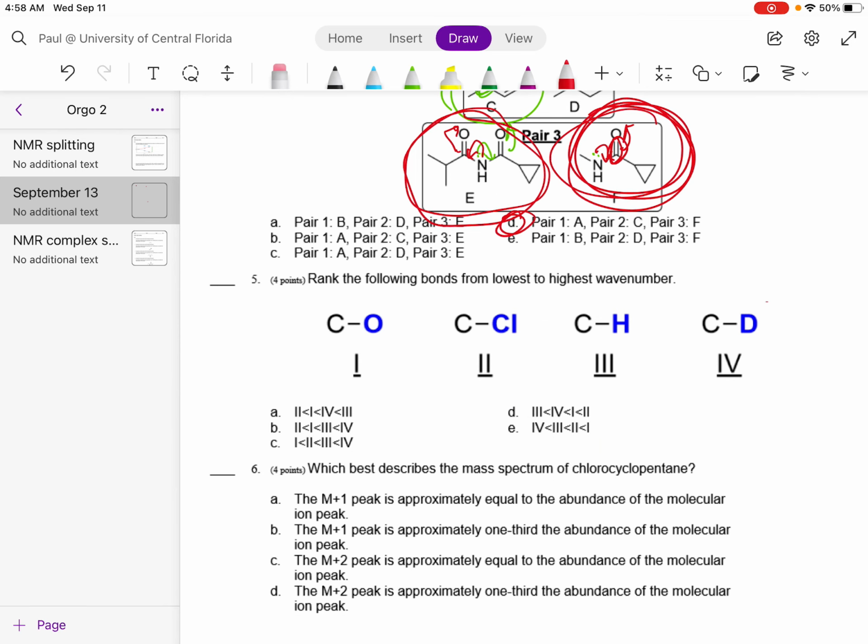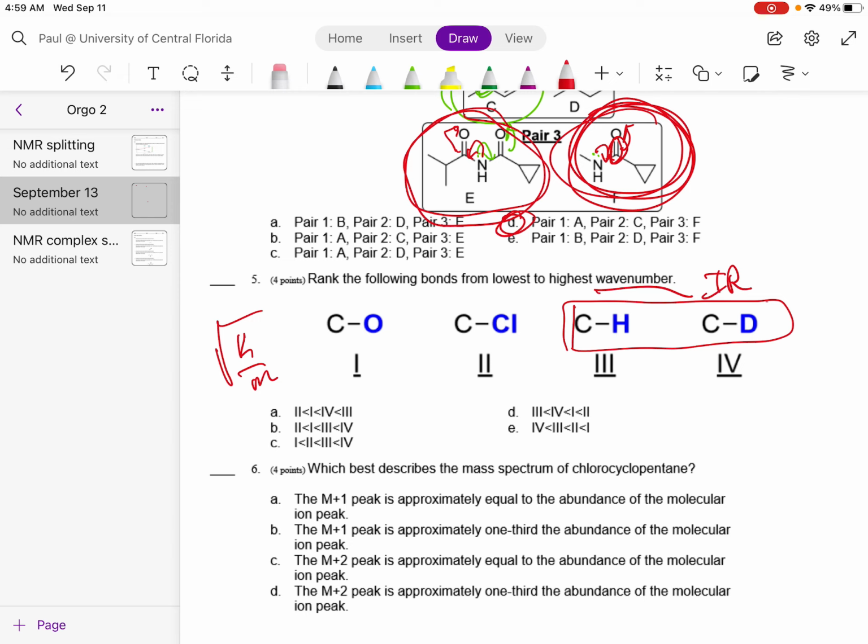Rank the following bonds with highest to lowest wave number. So what does wave number imply? That implies IR. So now we have to use Hooke's law, the oversimplified one. And we can see if we compare these 2 right there, which one's going to give you the lower signal or the smaller wave number between those 2 that I just put in the rectangle.